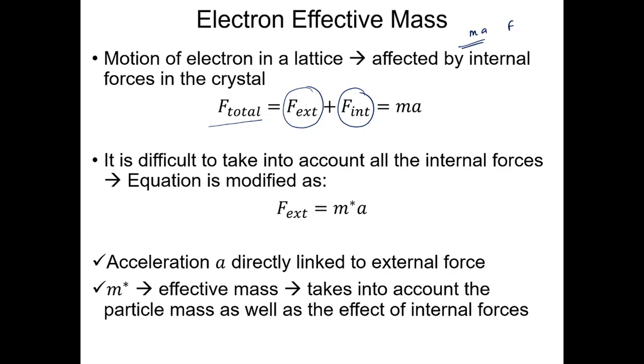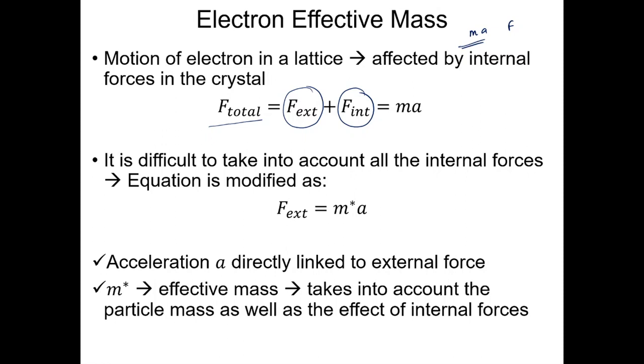The internal force could be, let's say, the Coulombic attraction because of the nucleus, the Coulombic attraction because of the neighboring electrons, or the Coulombic attraction or the repulsion because of the positive charge which is left at the crystal lattice site. So because of these repulsive and attractive forces internally present in the crystal, you have a net internal force. Now it's very difficult to calculate that net internal force, whereas we know what the external force could be because we apply that.